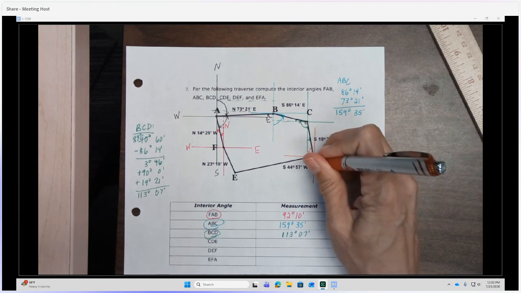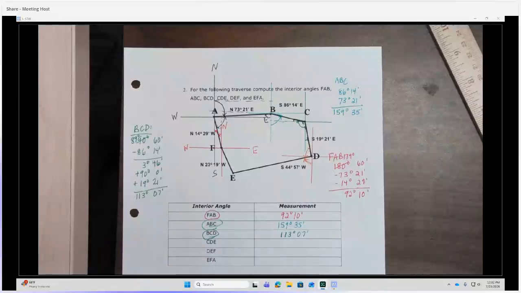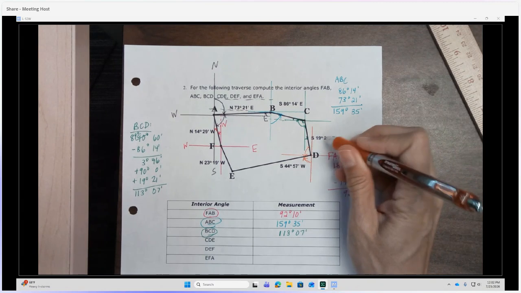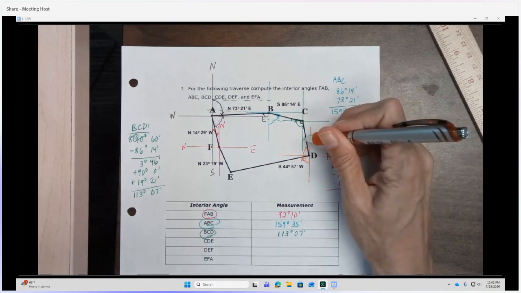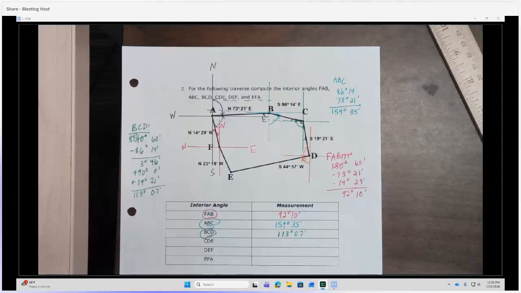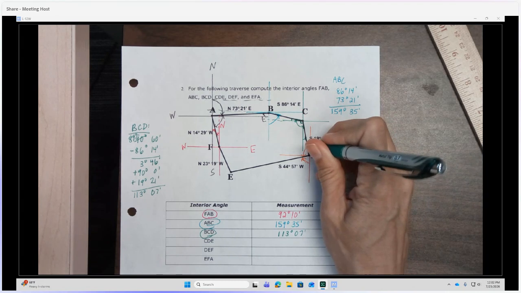So that's this angle in here that I know. This angle is what I'm looking for. And then I have information from that last bearing of that angle there. So that will tell me this information in here.